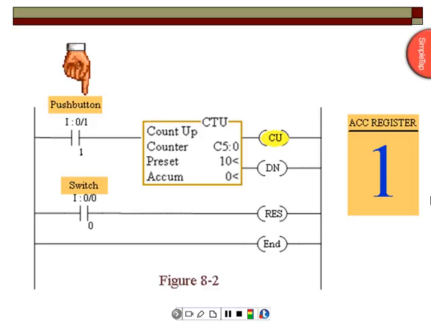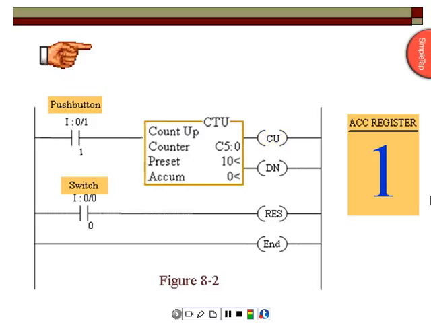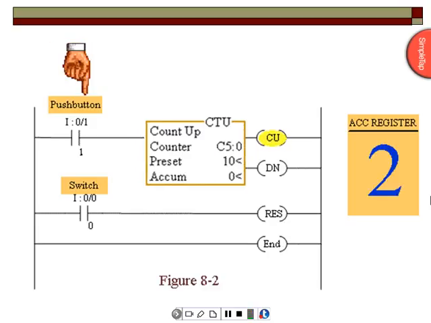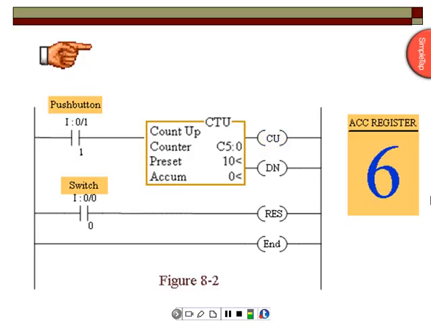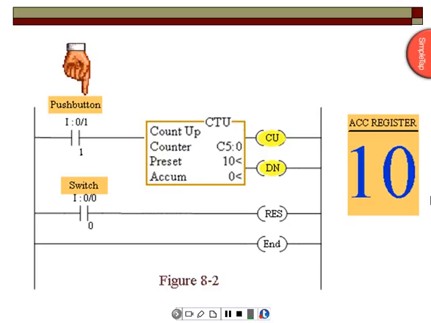And notice that my CU is yellow. My count went again and now I'm at 2. Remove my finger, put it back, 3, 4, 5, 6, 7, 8, 9, 10.